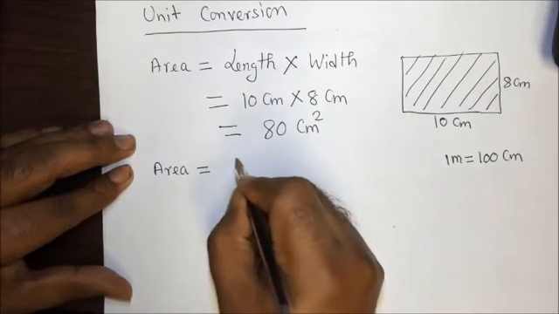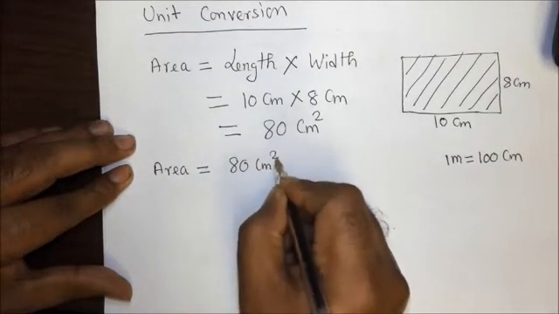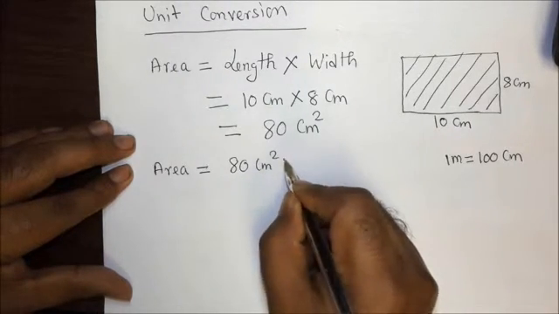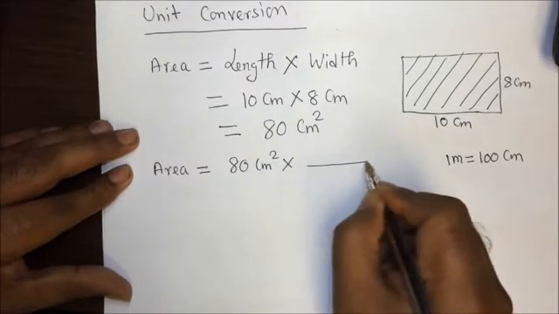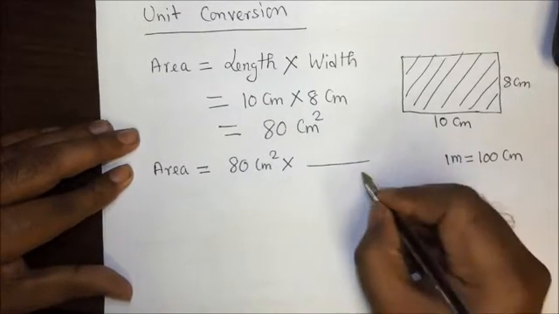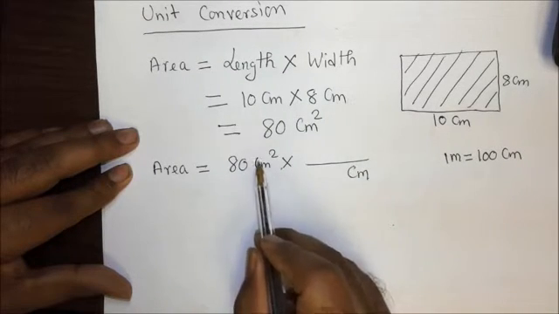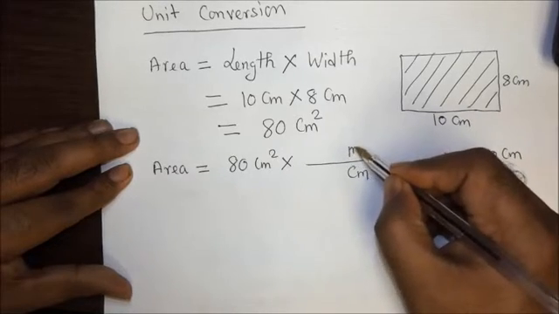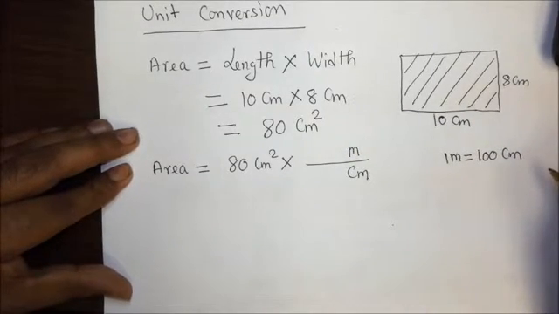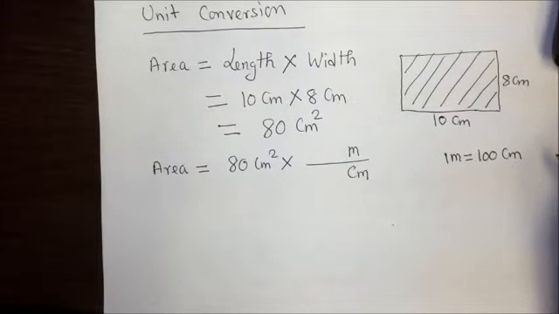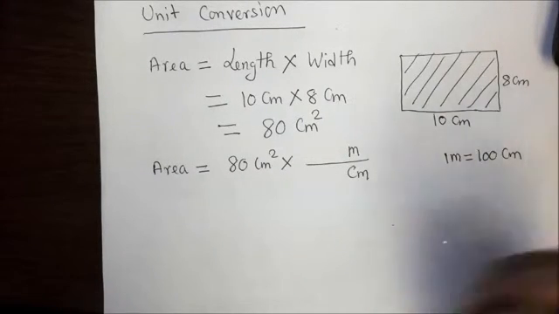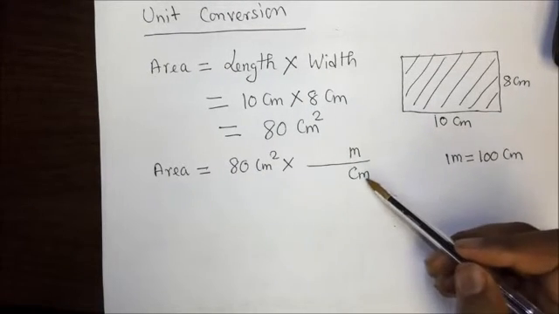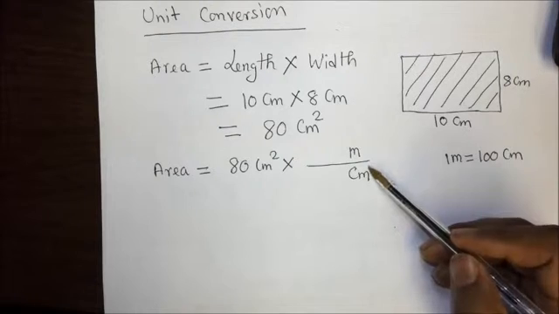Area is equal to 80 centimeter square. I got to get rid of centimeter square. So what I need to do, I put this centimeter in the denominator so that centimeter and centimeter can cancel out. And I can put meter in the numerator. Here is centimeter square and here is centimeter. I need to make it a square.